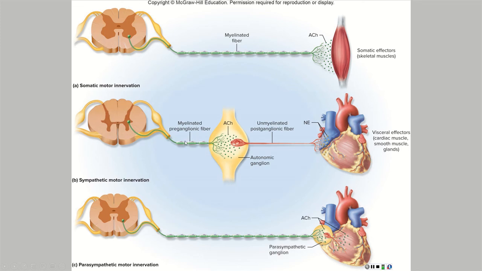And the preganglionic neuron releases acetylcholine onto the adrenal gland. The adrenal gland is part of your endocrine system and your sympathetic nervous system. So what happens when acetylcholine is released onto your adrenal gland?